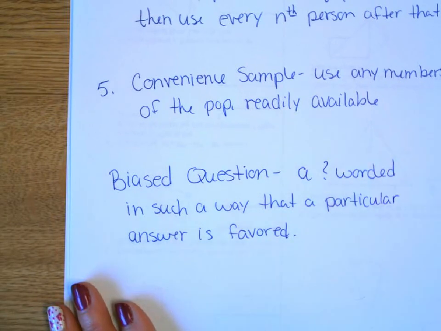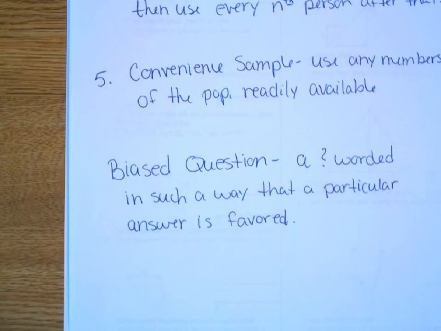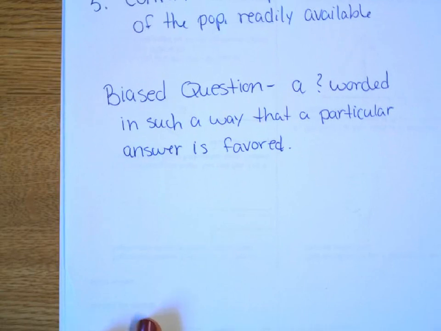I'm going to give you an example of that with the Obama free community college idea. So I could give a survey: Do you agree with President Obama trying to get 2 years of community college free for everyone so that they can better themselves?